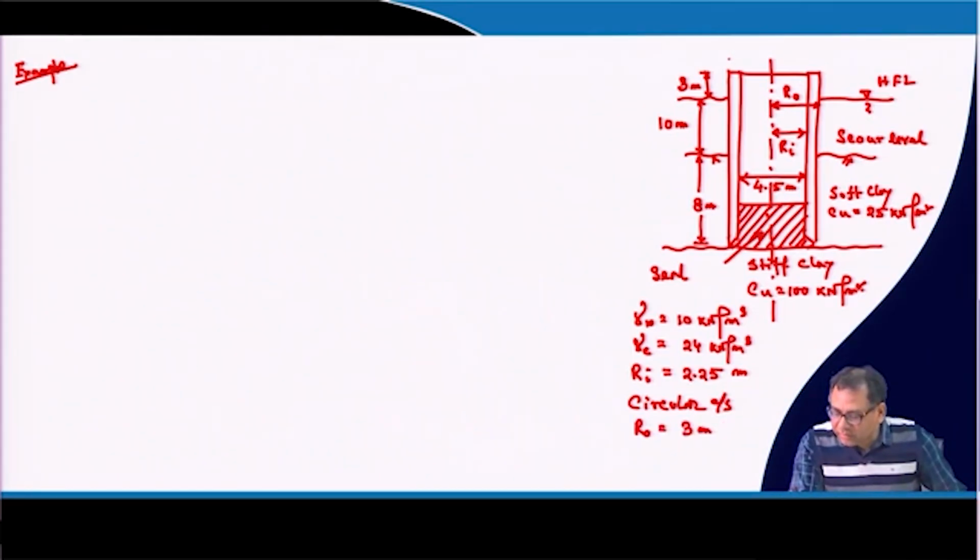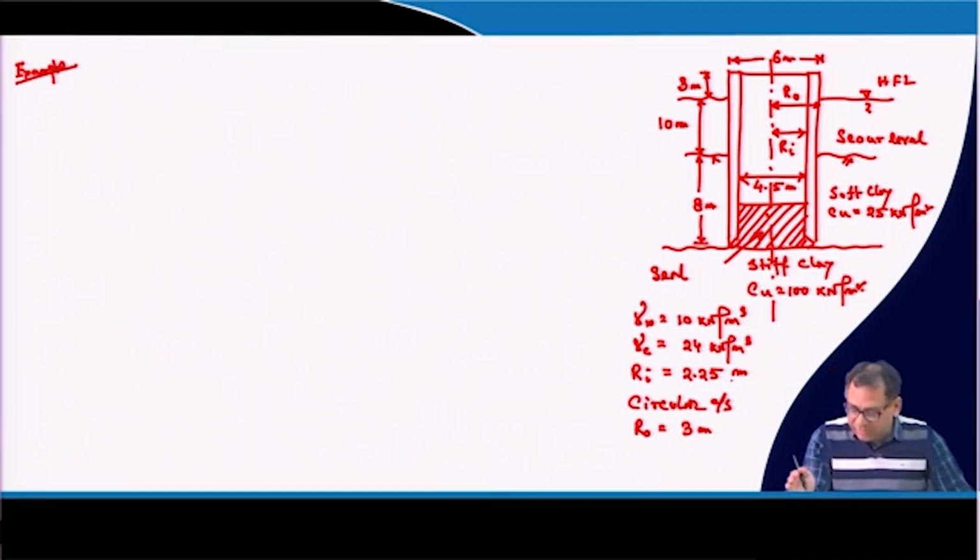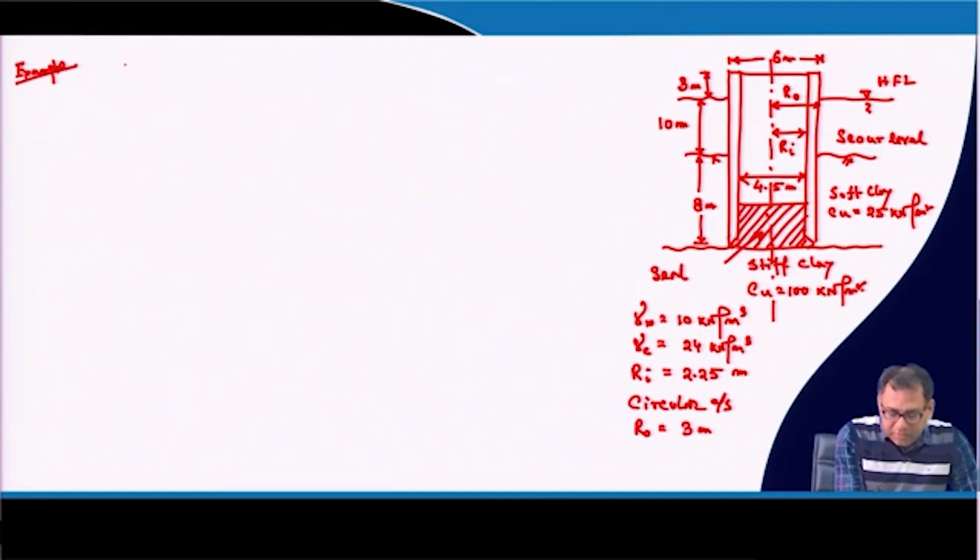So the total outside diameter is 6 meter and the inside diameter is 4.5 meter. So, R0 is 3 meter, Ri is 2.25 meter, and we have to determine the thickness.